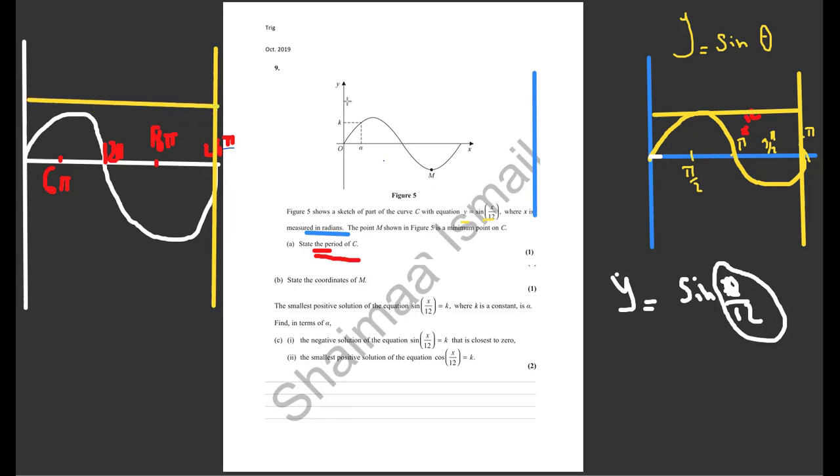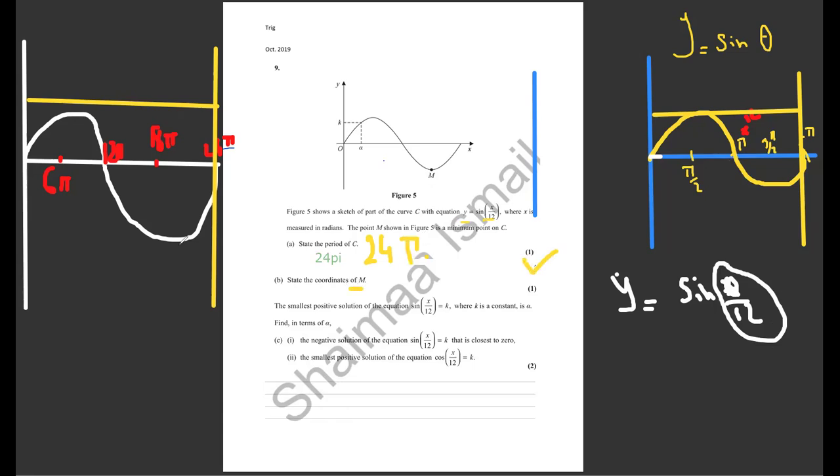So the first question here, the answer will be equal to 24 pi. Okay, you can write it like this. And that is the first.